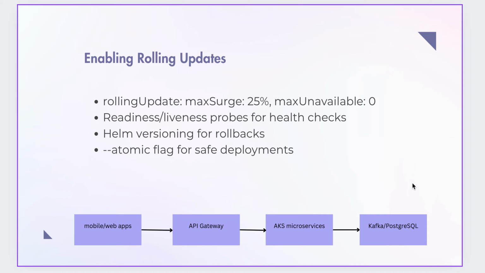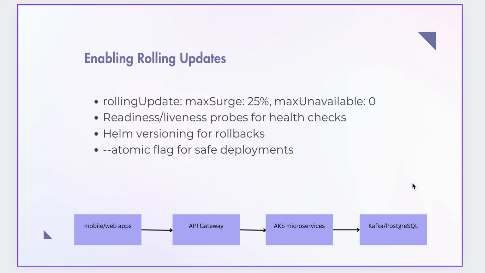Readiness and liveness probes, like HTTP health checks on health endpoints, ensured only healthy pods received traffic, integrated with AKS auto healing.